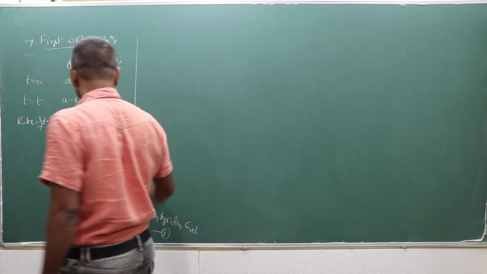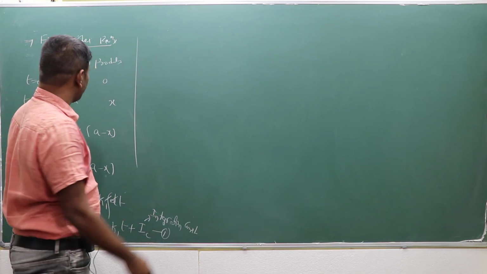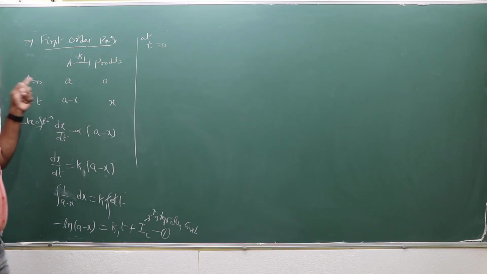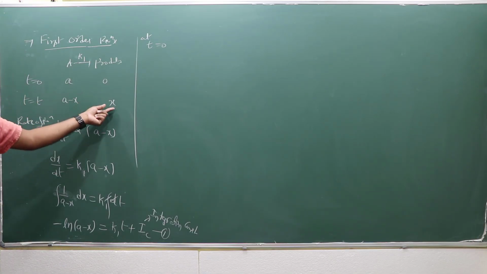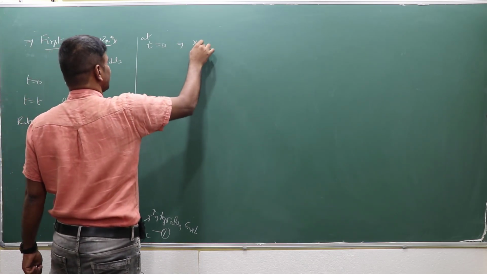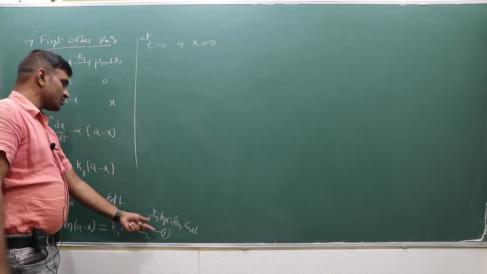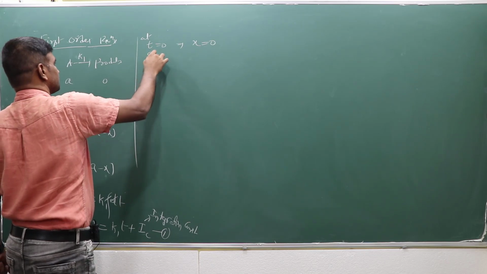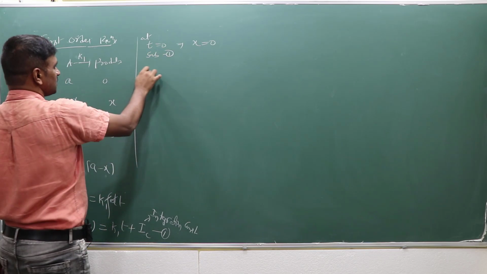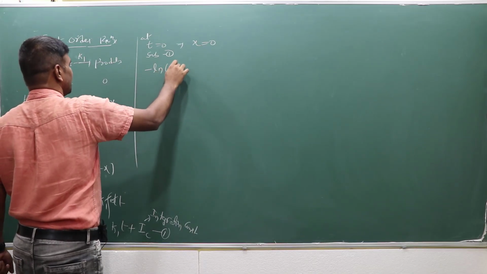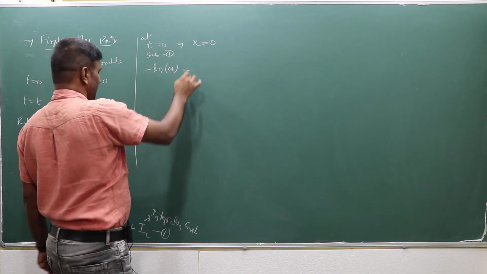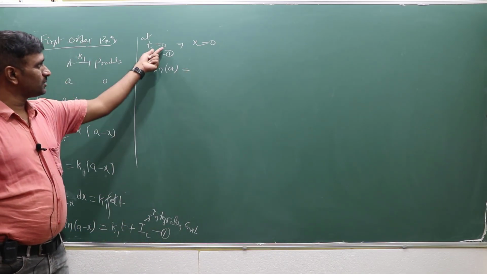In this case, at initial time t equal to 0, the product x is also 0, there is no product. Substituting in equation number 1, we get minus ln a, with x equal to 0, equal to K1 into time t, which is 0, so this is 0.